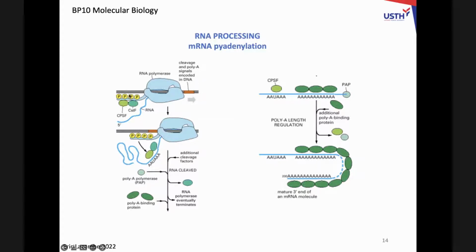The polymerase is polymerizing and arrives at this sequence. Then the polymerase goes on transcribing this little orange sequence. So this sequence contained in DNA is going to be found back in the RNA because it has been transcribed.